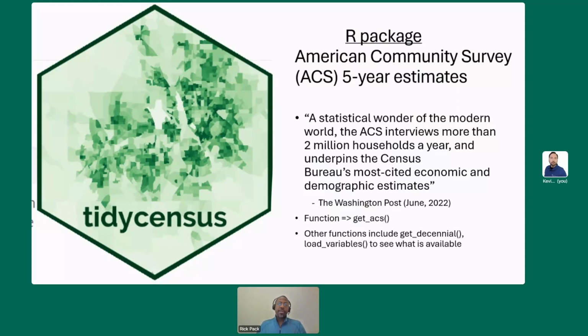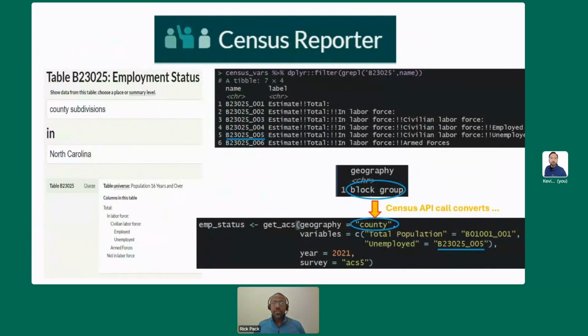So it is considered to be quite valuable, and as this quote says, it is the Census Bureau's most cited economic and demographic estimate provider. You can go online and find the Census Reporter to explore the American Community Survey data. And then what you see on the screen is our use of the tidycensus package to explore that data.